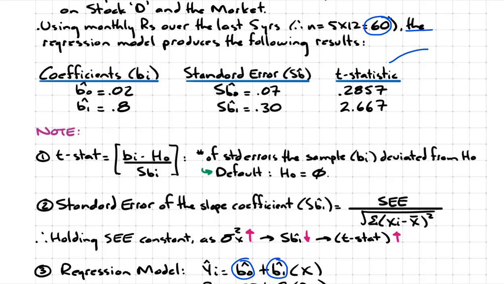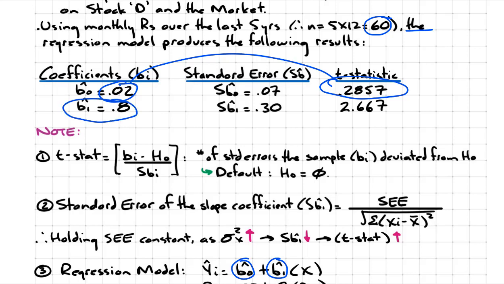And that's what the t-stat says. So this value here is only 0.2857 standard errors away from 0. That's not far at all. However, if you look at the value for B1, if you plugged in B1 here, made this 0, and then divided by the standard error, you would actually get this number.